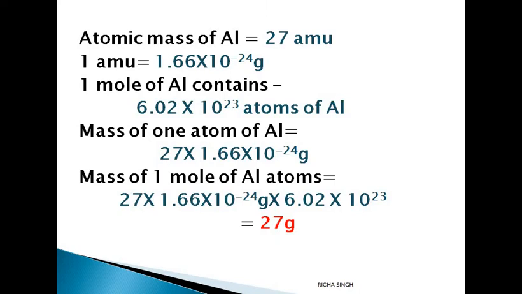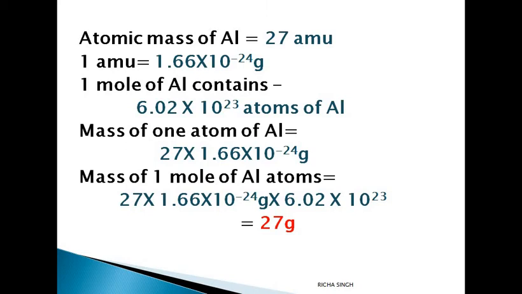Suppose the atomic mass of aluminium is 27 amu, that is atomic mass unit, and 1 amu, as we have derived, is equal to 1.66 into 10 raised to the power minus 24 grams. Therefore, 1 mole of aluminium will contain this many atoms. The mass of 1 atom of aluminium will be equal to 27 into 1.66 into 10 raised to the power minus 24 grams.